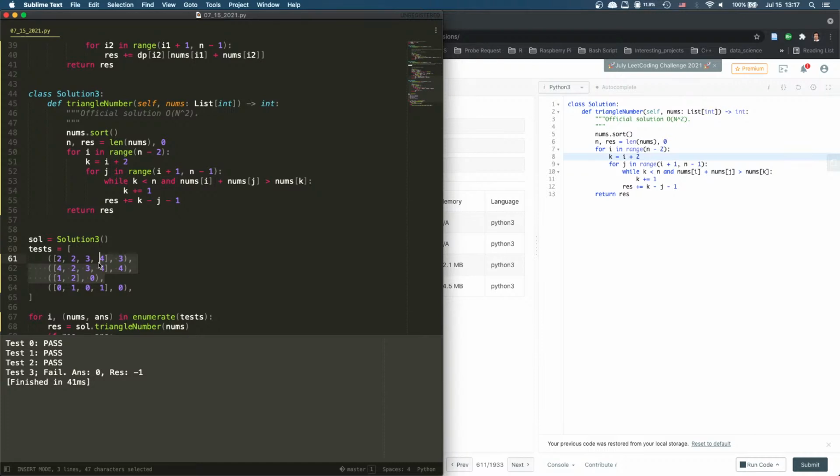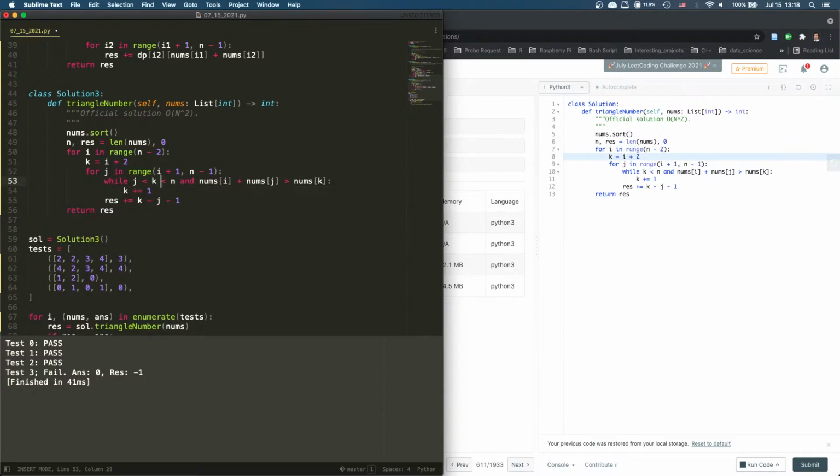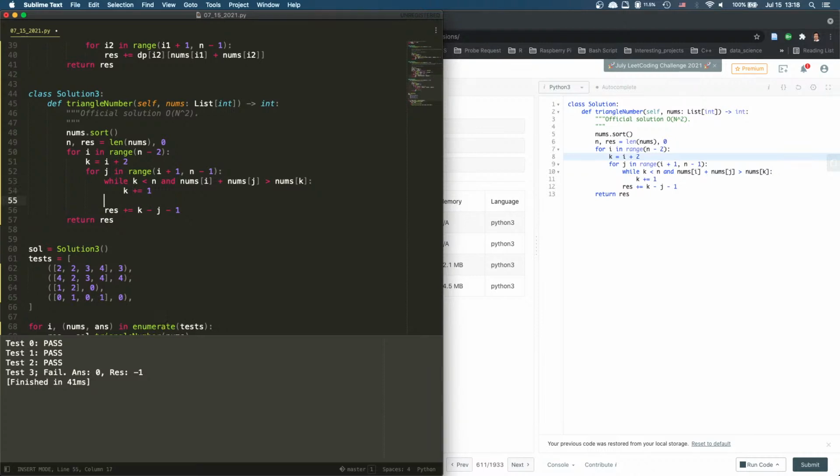So I think j has to be smaller than k. Oh, hold on. K, j, and then here. I think if j is smaller than k, then we do this. Yeah, j has to be smaller than k.